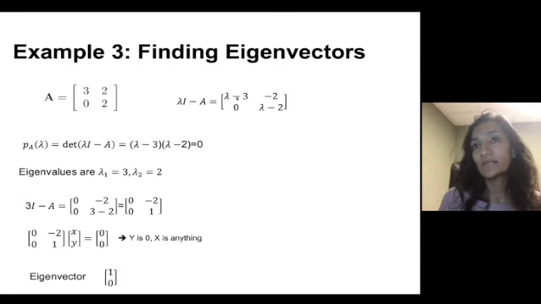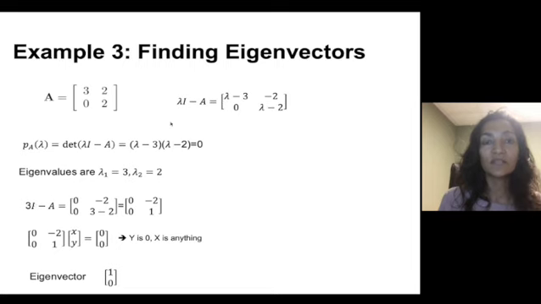Now when we take the determinant of this, it would be this entry times this entry minus these 2 entries multiplied, but that gives 0. So what you get is lambda minus 3 times lambda minus 2 equals 0, and you see that the eigenvalues are 3 and 2.